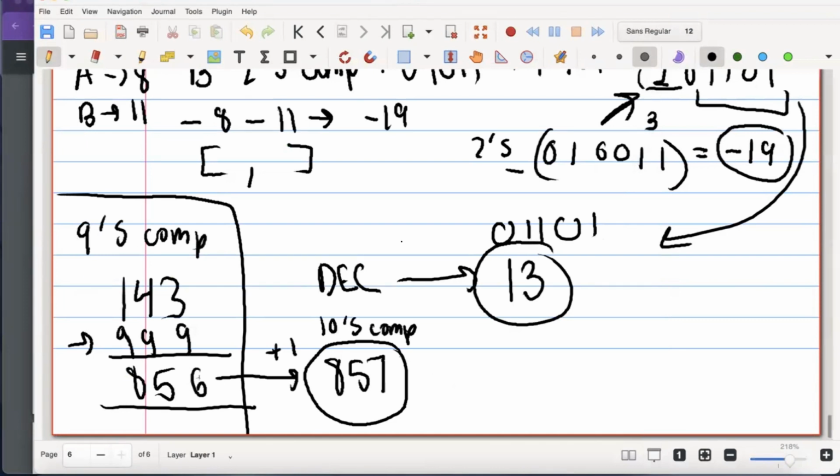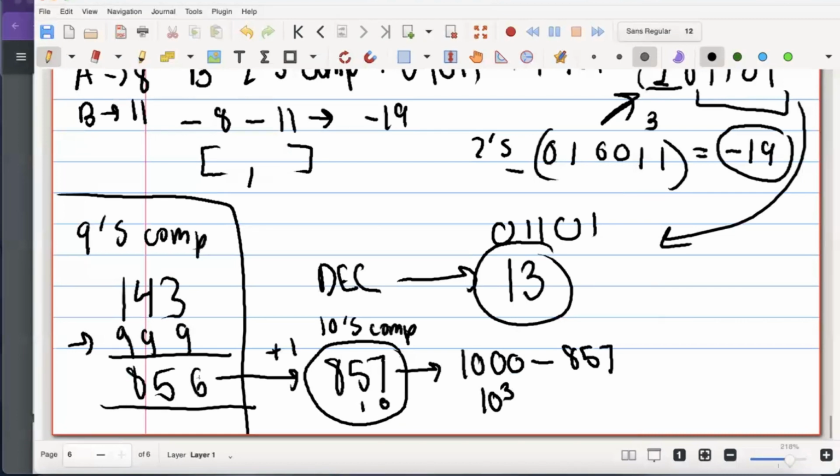But let's say they give you the 10's complement and ask what number this is. I think you could just subtract it from 1,000 and get the same number again, because you have 3 digits.